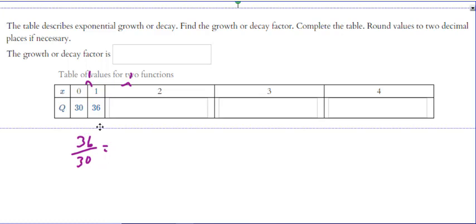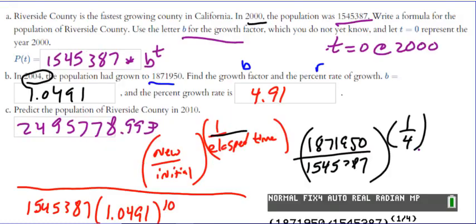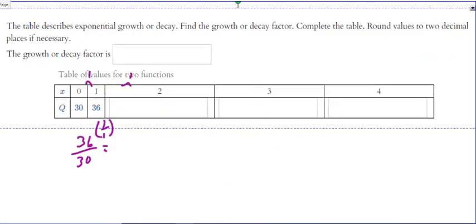And the reason why I'm not going to do it in 1 over 1, well, 1 over 1 is just 1. So that kind of gets back to this equation, the new over initial raised to the 1 over elapsed time. That's kind of what you're doing here, but as long as your x's are going by 1, you take this one divided by that and you should be fine. So 36 divided by 30 is 1.2.